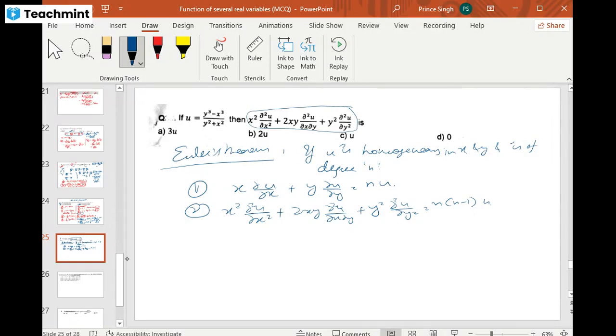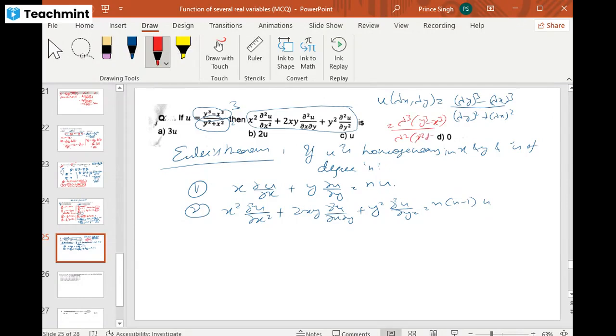If you look here, the degree of the numerator is 3 and the degree of the denominator is 2. So the net degree is 3 minus 2, 1. Or we can check the degree by replacing x with lambda x and y with lambda y. Lambda cube is common from the numerator, y cube minus x cube; lambda square is common from the denominator, y square plus x square.